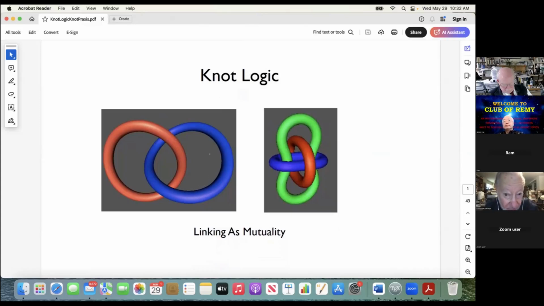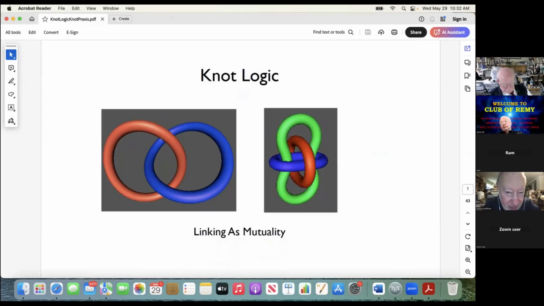So one of the phenomena that occurs is linking, of course. And you're all familiar with linking. Linking is a specifically three-dimensional phenomenon that happens between things which are one-dimensional. You can have two curves that wrap around one another and consequently can't be pulled apart beyond a certain point.